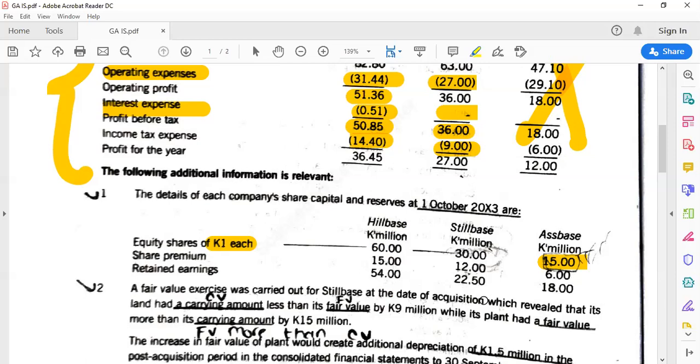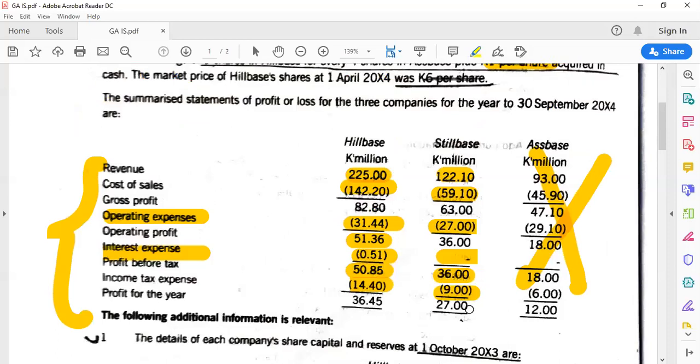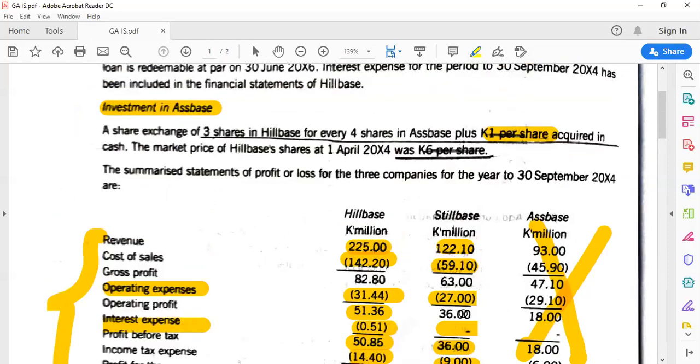We acquired 3 shares in new base for every 4 shares in ASBase. So it's 60 by 3 over 4. 45. He acquired 45 shares.